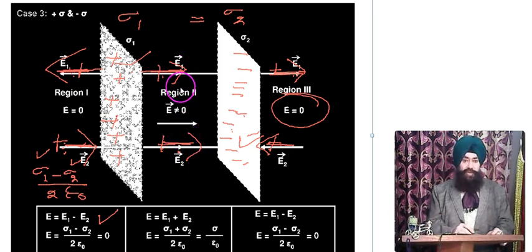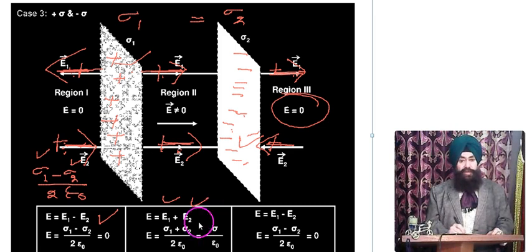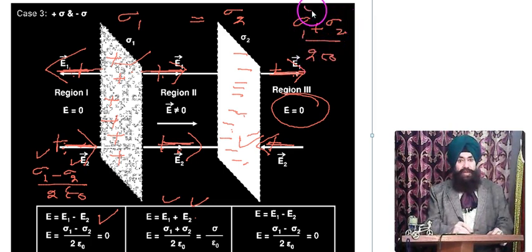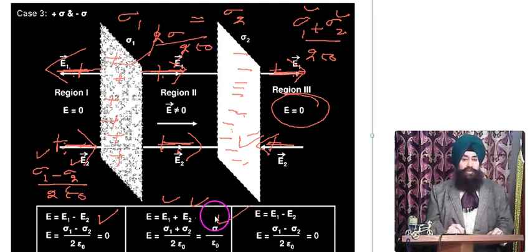Now they are both in the same direction, so same direction means addition. Total intensity becomes the sum of the two. So E1 plus E2, where sigma 1 minus sigma 2 upon 2 epsilon naught terms are equal. That means 2 sigma upon 2 epsilon naught, that means sigma upon epsilon naught.